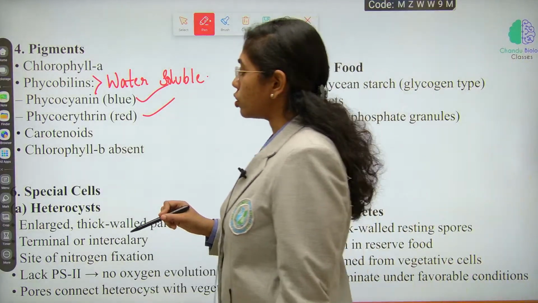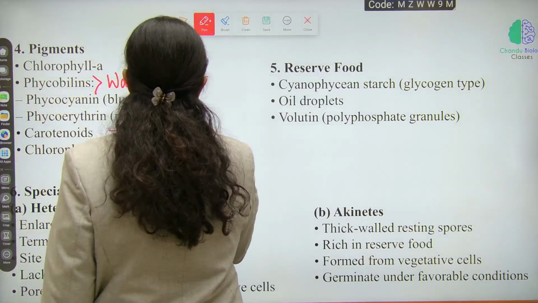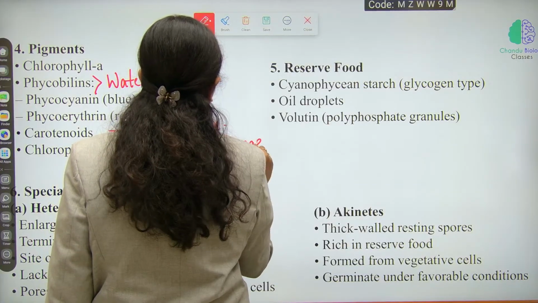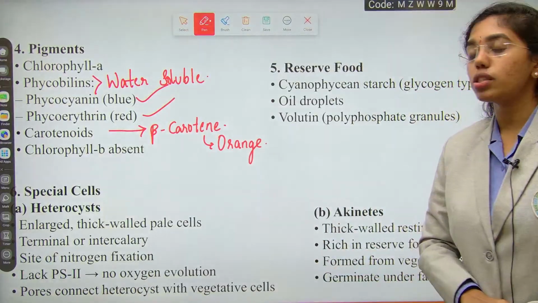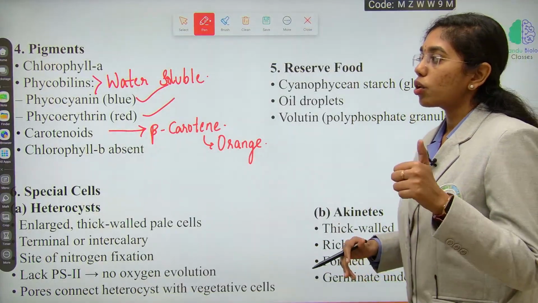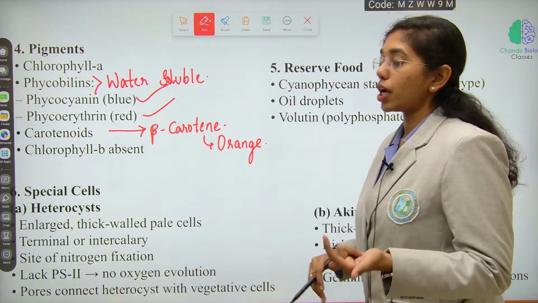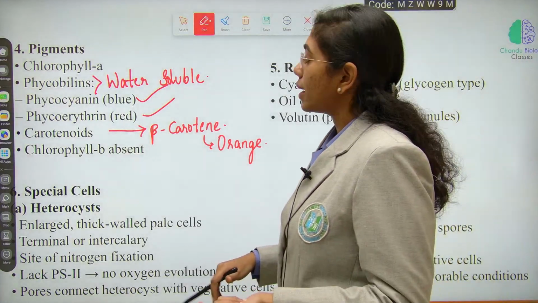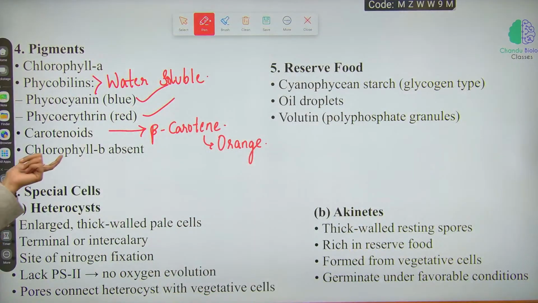Carotenoids consist of beta carotene, which gives out orange color, and chlorophyll b is absent. Chlorophyll a conducts the maximum amount of photosynthesis, along with water soluble phycobilins like phycocyanin and phycoerythrin, and carotenoids containing beta carotene. Chlorophyll b is absent in blue green algal members.